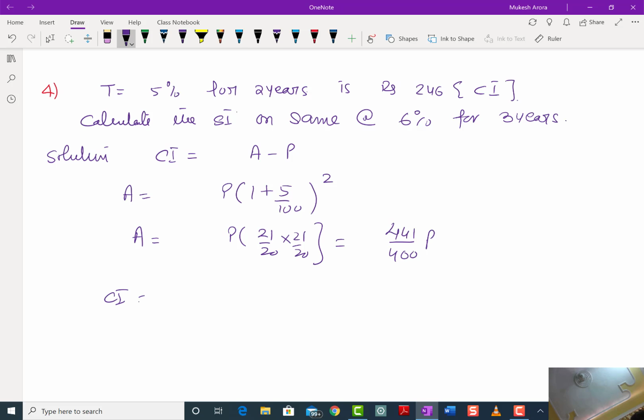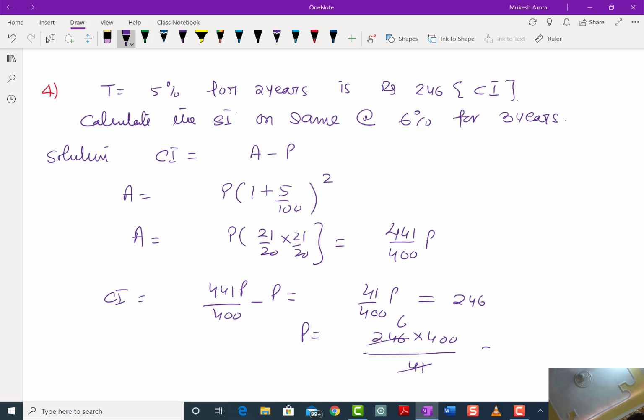Compound interest is equal to 441 by 400 P minus P, which is 41 by 400 P, and compound interest in actual is 246. So P is equal to 246 into 400 by 41. So principal is 2400.